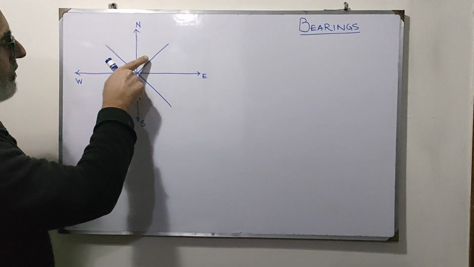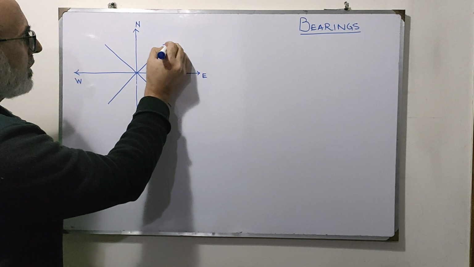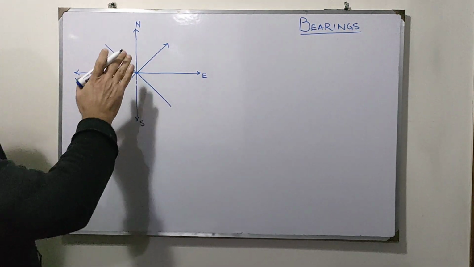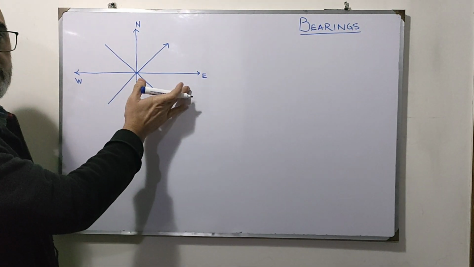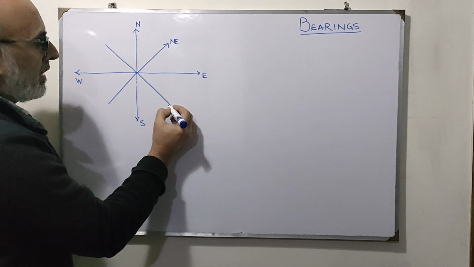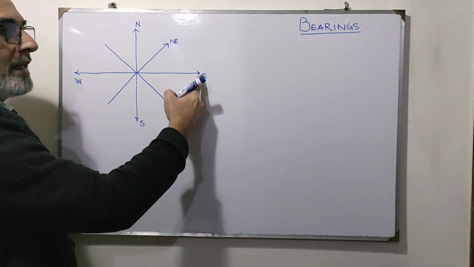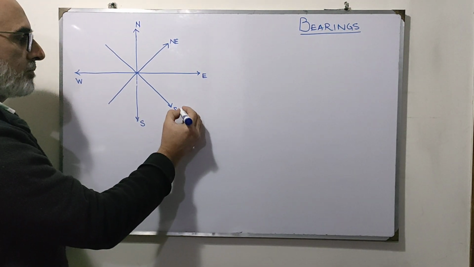If I consider this line, this is between north and east, so it will be northeast. This one is between south and east, so it is southeast.